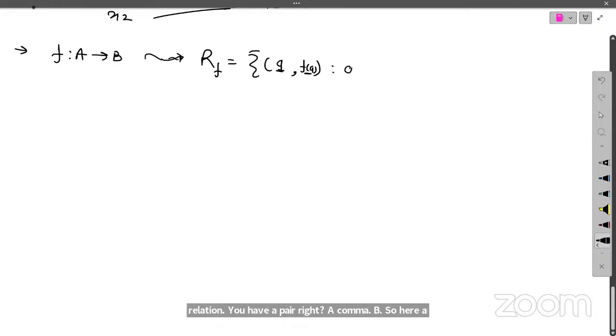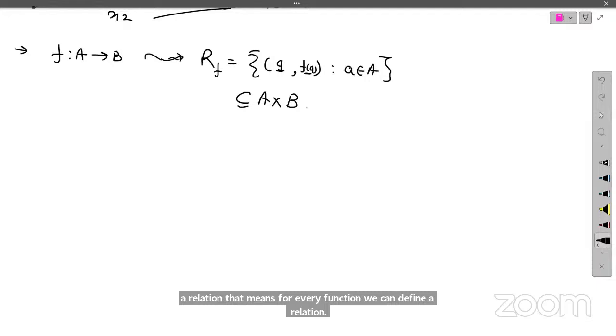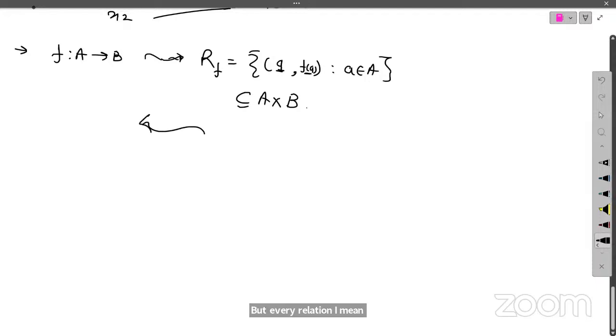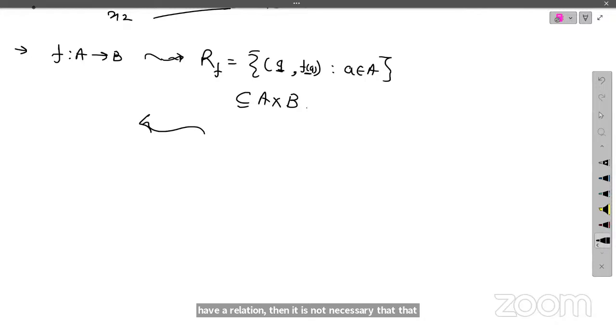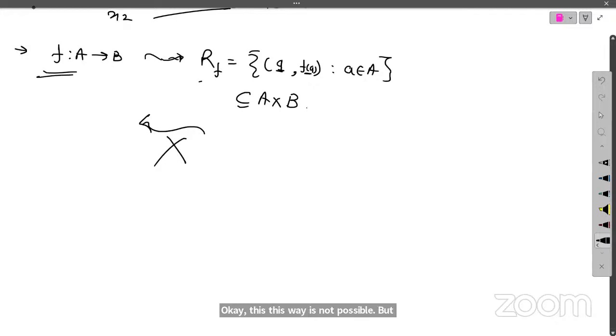This is a relation, because it is a subset of A cross B. So for every function we can define a relation, but the converse is not true. If you have a relation, it is not necessary that it can be associated to any function. But for every function, there exists a relation which gives us all the properties of the function. But the converse is not true.